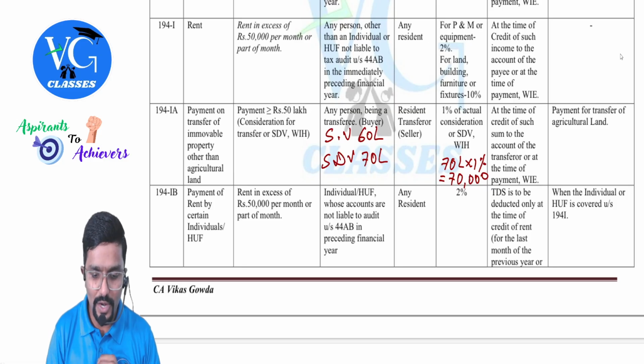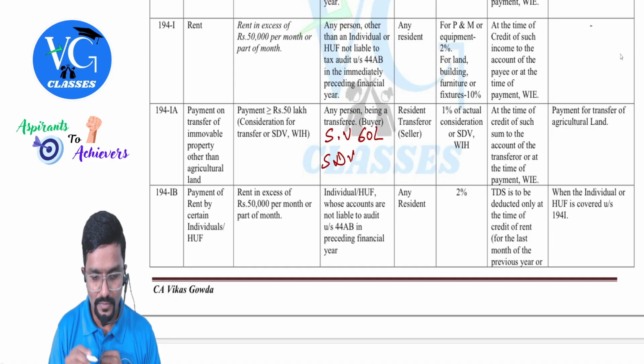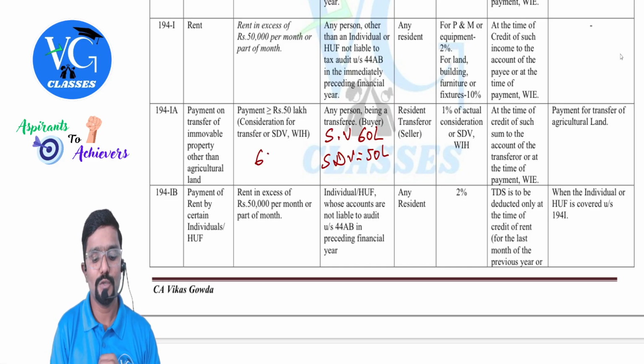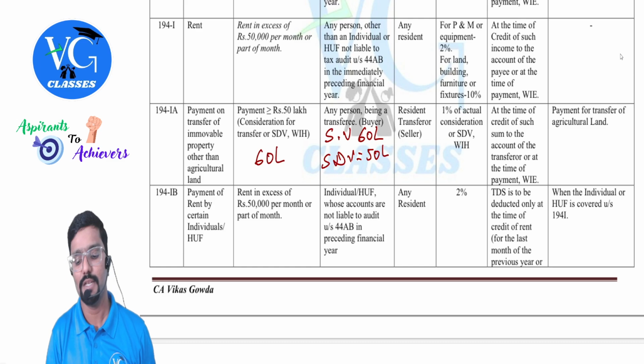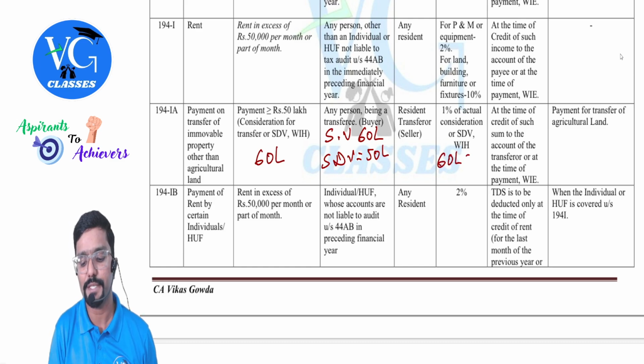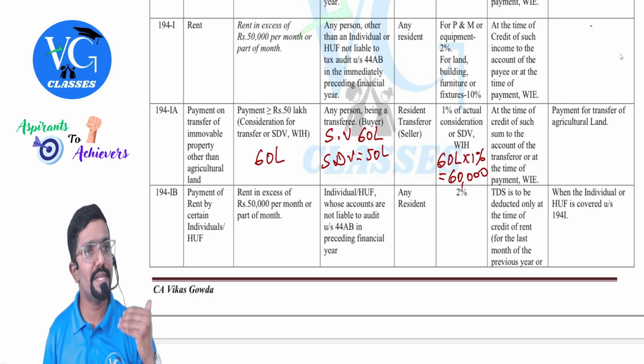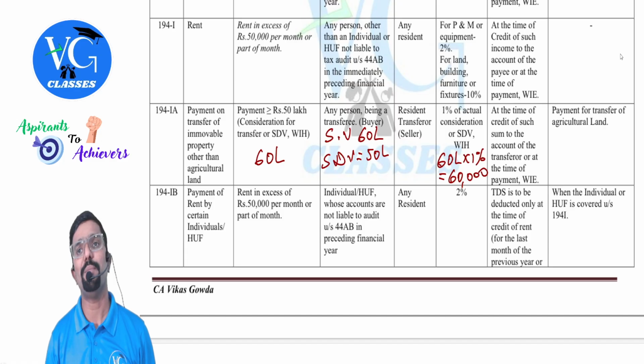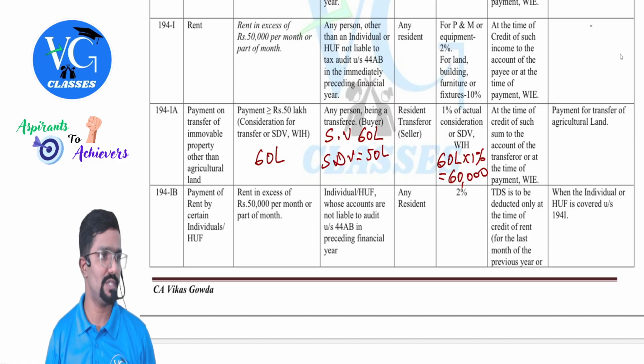Sir, what if by chance it is a reverse case? Assume this was 50 lakh. Whichever is higher is how much, guys? 60 lakh. So should TDS be deducted on this? Yes. On 60 lakh, 1% comes to 60,000. So buyer before paying 60 lakh, he has to deduct 60,000 and pay remaining 59 lakh 40,000.